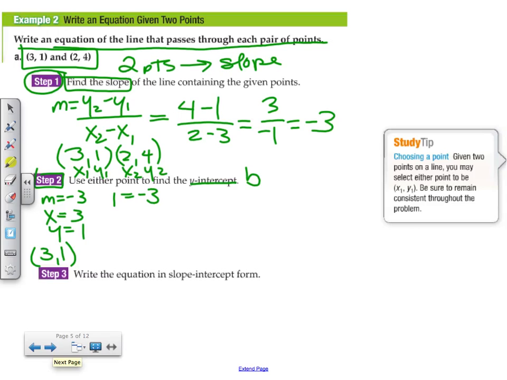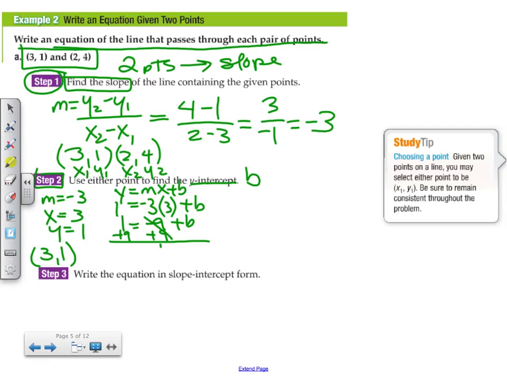Let me step back. Let me write the equation first for you. y equals mx plus b. Now let's substitute in. 1 is y, m is -3, x is 3, and we're solving for b. So 1 equals -9 plus b. Add 9 to both sides. To solve for b, we find out that b is 10.